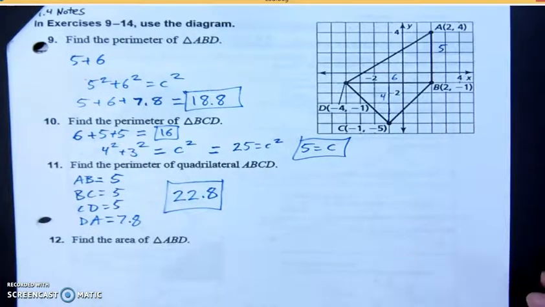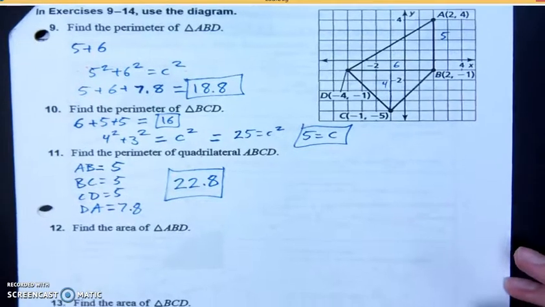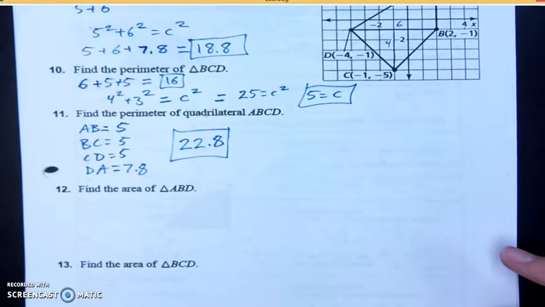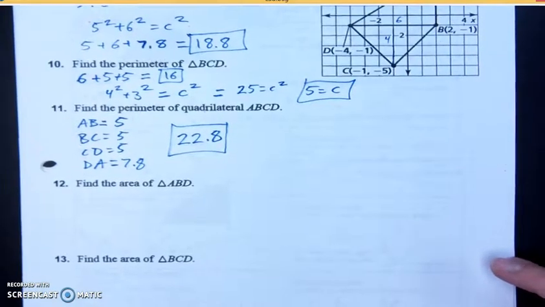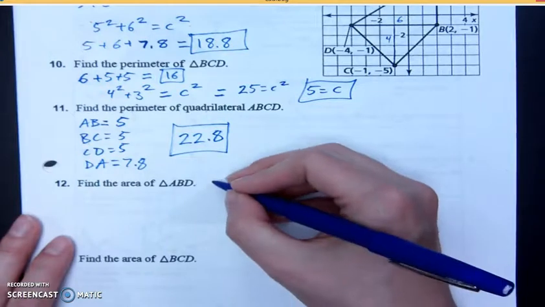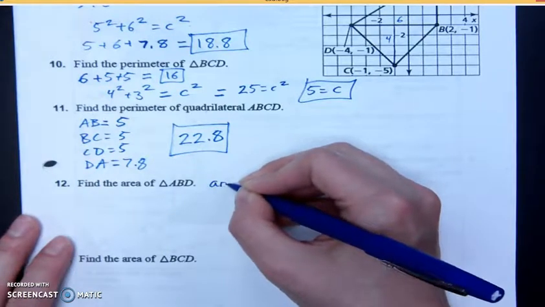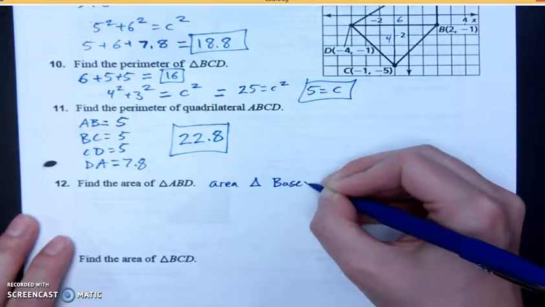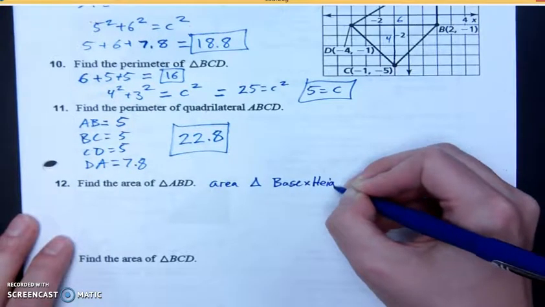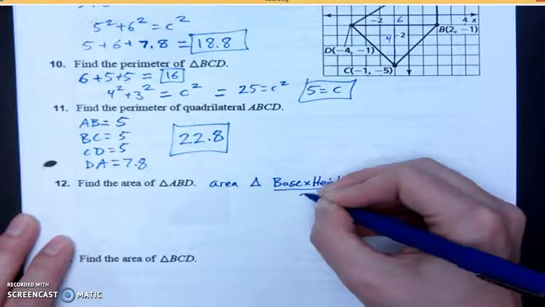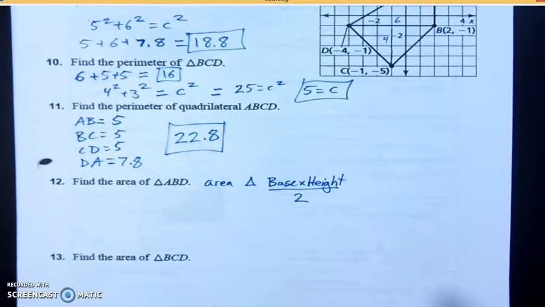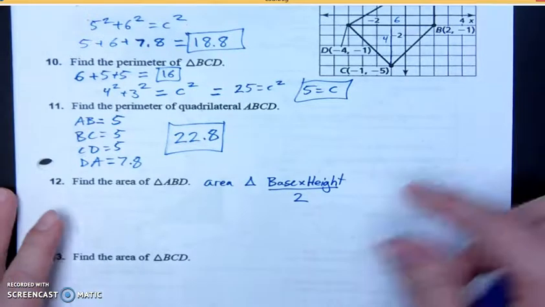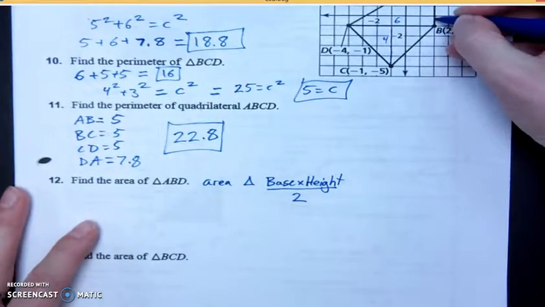Alright, how do we find the area of a triangle is what comes next. Multiply base times height divided by 2. So area of a triangle, if you want to write that down. And remember, base and height always have to be perpendicular. So for ABD, are those already perpendicular sides up here?